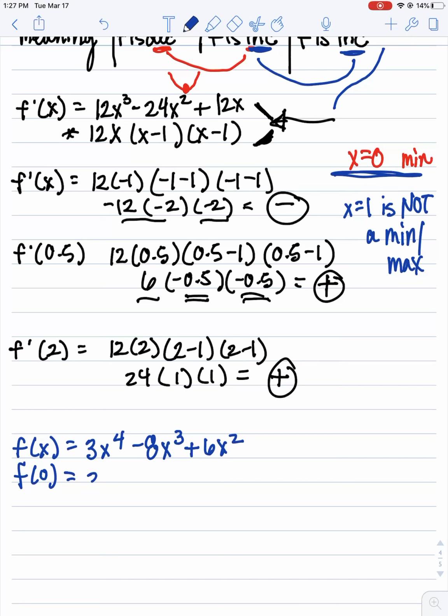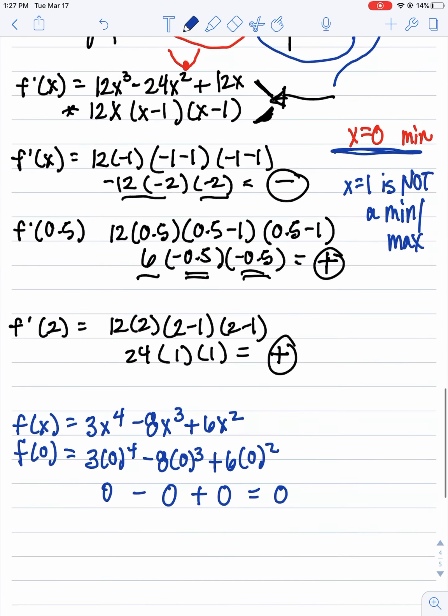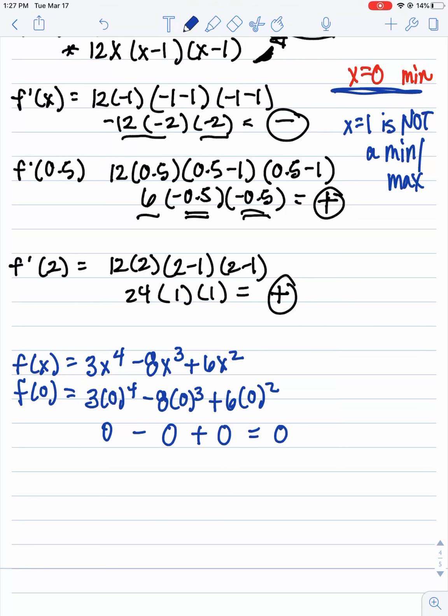And if you go plug in 0, some of you can already see it. You're going to get 0, 0, 0. Which means when you plug in a 0, you get out a 0. So the minimum is 0, 0 is my minimum.